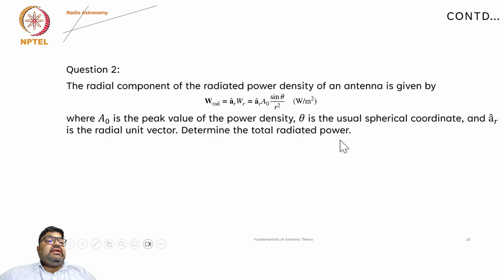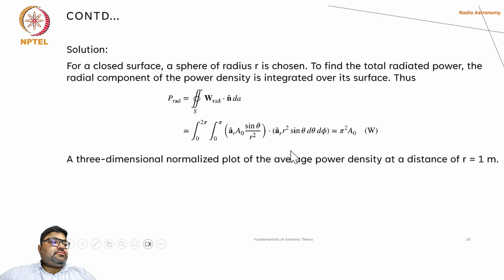Define total radiated power. Total radiated power is given by the double integral of W rad dot n, the direction normal to the surface area, times dA. If you do that simple integration, it is equal to pi square A naught.